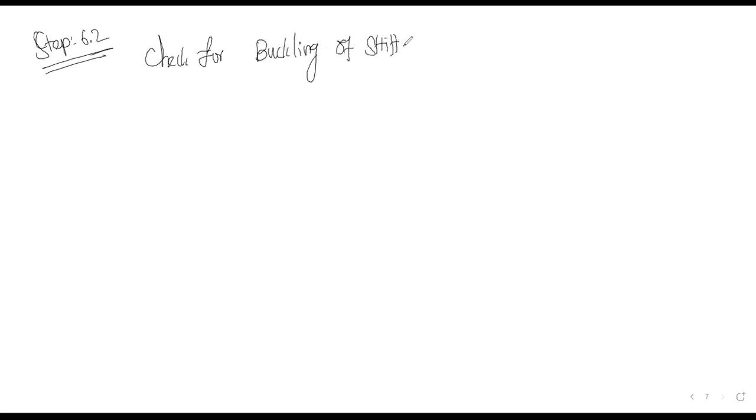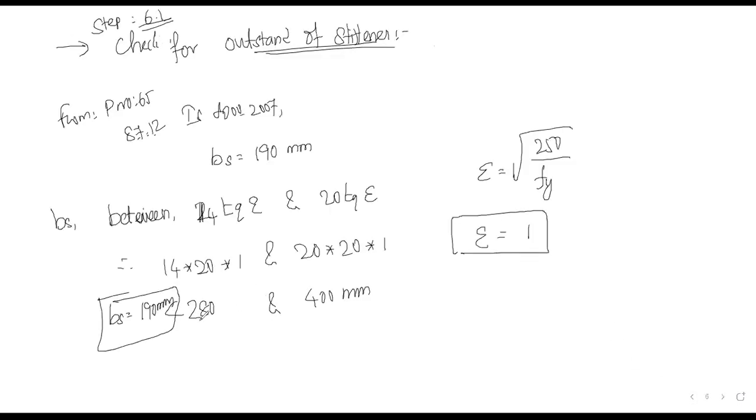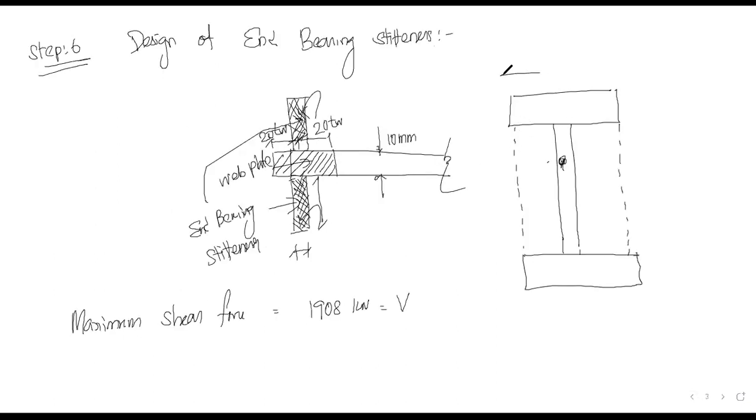Why I'm leaving it like this: the total width is 600 mm, the thickness of the plate is 10 mm, so the balance remaining is 590 mm divided by 2 on either side, which is 295 mm.